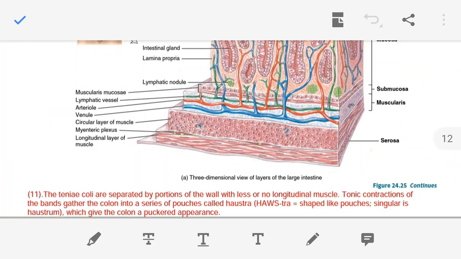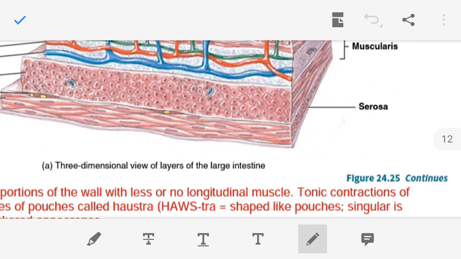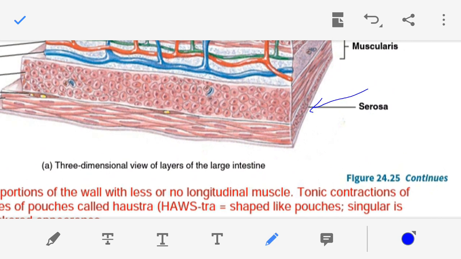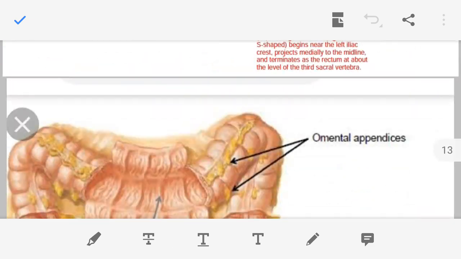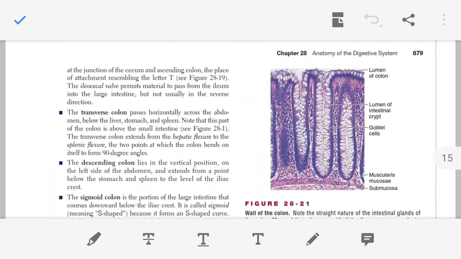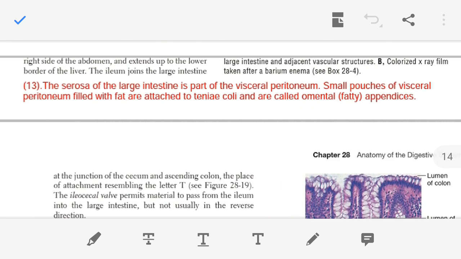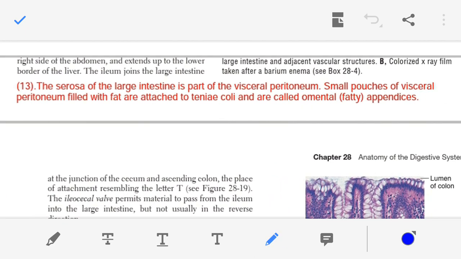So here, the outermost layer is the serosa. And what is this serosa? Serosa is part of the visceral peritoneum. And what happens?